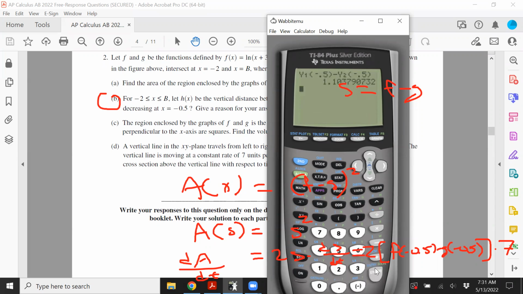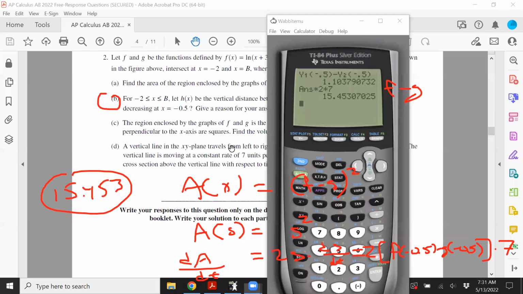And then if you times that by 2 and 7, you get 15.45. And there you go. That's how the area is changing at that moment. And they didn't give us units, so don't worry about it. So there you go. That is number 2.